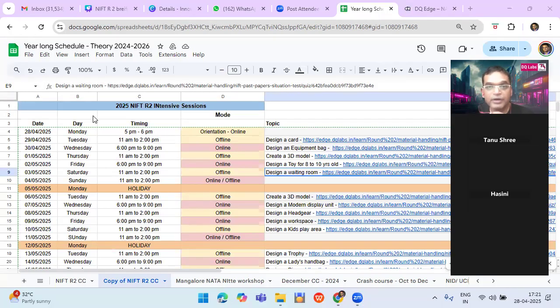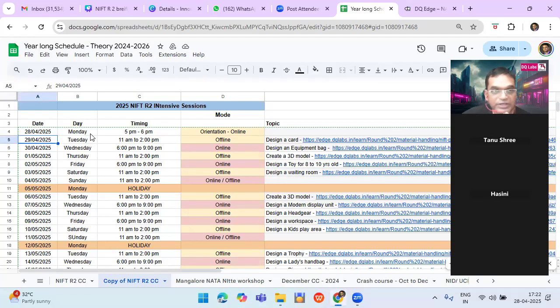We'll be having classes starting from tomorrow. Today we are having the orientation. From tomorrow, please check whether the class mode is offline or online. I recommend you attend as many sessions as possible. In fact, we have assigned the tasks in such a way that they are not repeated.